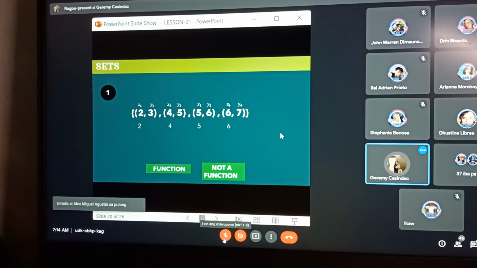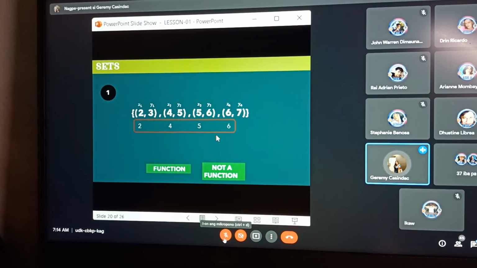So, our x or our domain here in the given set are 2, 4, 5, and 6. Always look at the given x value. Titingnan po natin yan. So, meron bang nag-repeat dyan? Or tumoble?